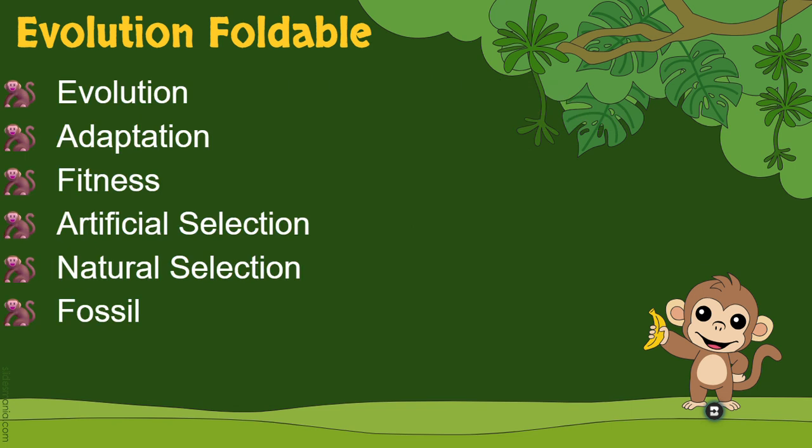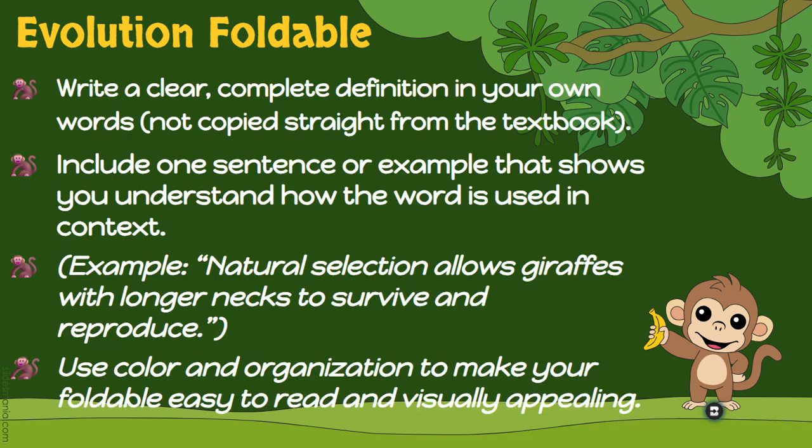And here are your 6 key terms: evolution, adaptation, fitness, artificial selection, natural selection, and fossil. Again, you are writing a clear, complete definition in your own words. You will include one sentence or example that shows your understanding of how the word is used in context.